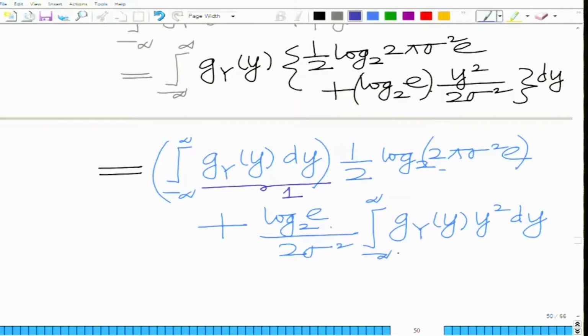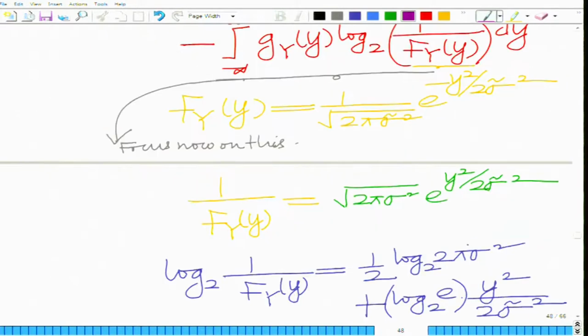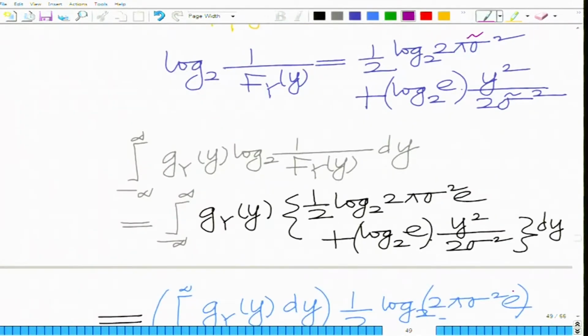Now, if you look at this quantity, this is interesting, the integral from minus infinity to infinity of gy into y square dy, this is nothing but the expected value of y square. I am sorry, this has to be sigma tilde square, so this is equal to sigma tilde square. Everywhere I have been writing sigma square, this has to be sigma tilde square.